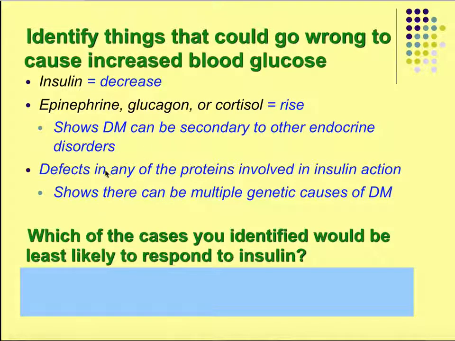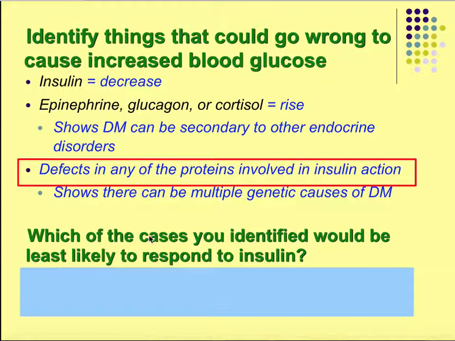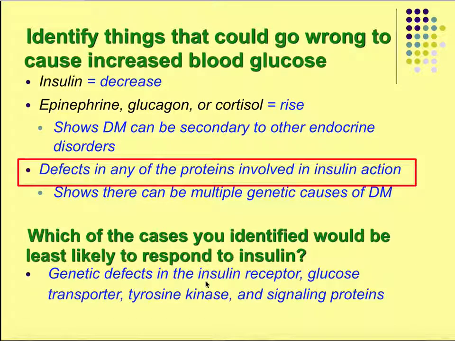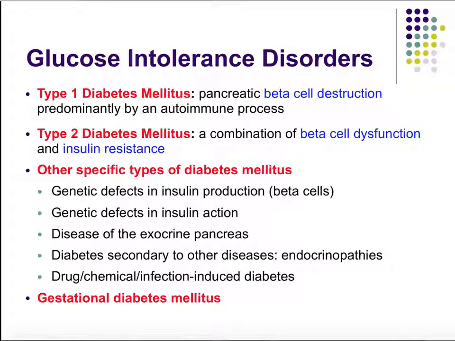But let's say you have a defect in insulin receptors. So then no matter how much insulin you give, it's not going to work. So this would be the one that would not work. So defects in the insulin receptor or the glucose transporter or the tyrosine kinase or any of the other signaling proteins that are involved in the action of insulin, if that's the issue, then giving insulin wouldn't work.